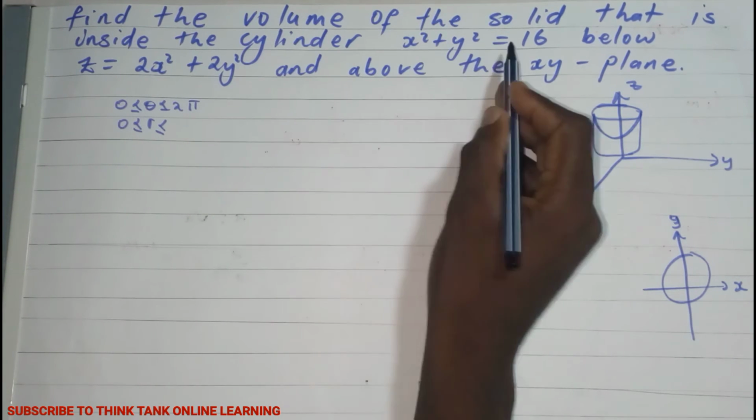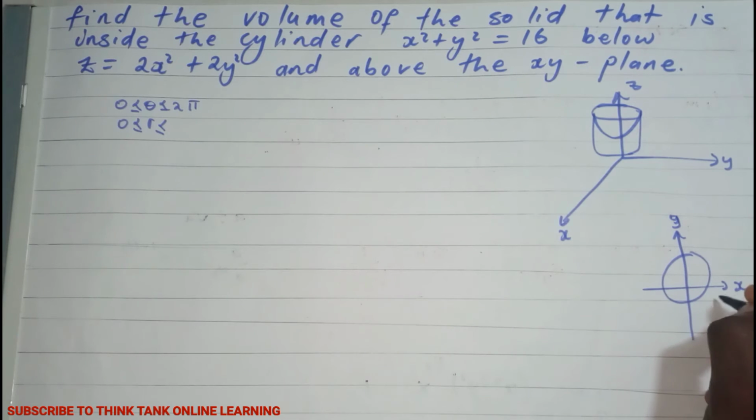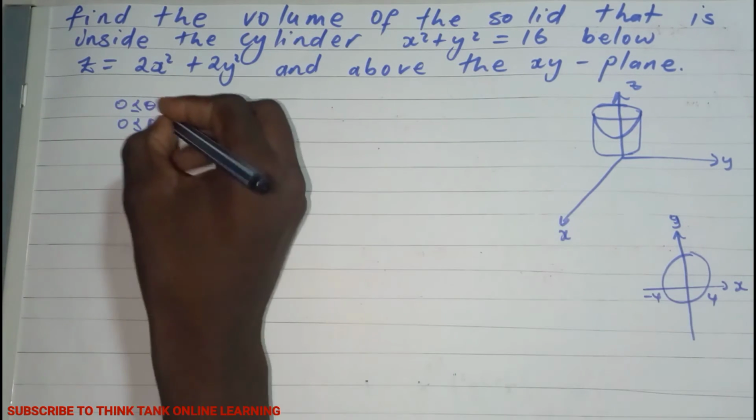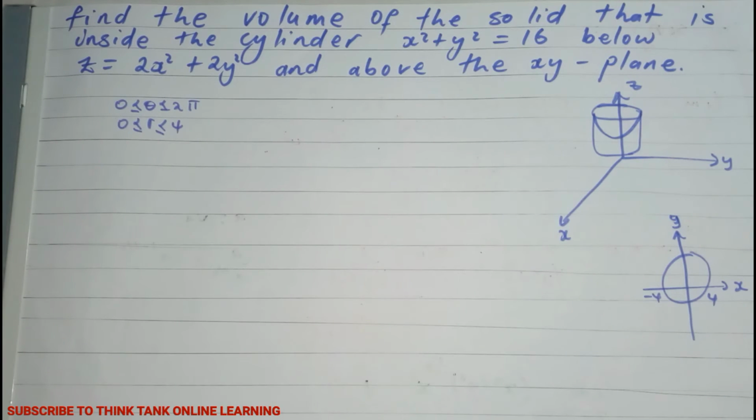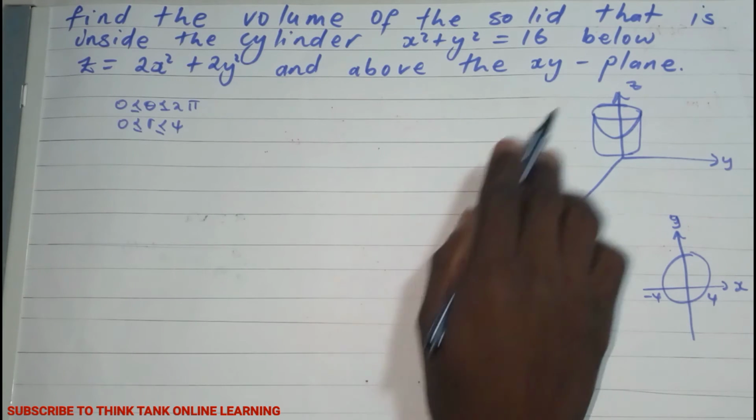If you look at this equation, this is just the equation of a circle, and r is root 16. That means r ranges from 0 to 4. And what else do we have? This thing is above the xy plane.